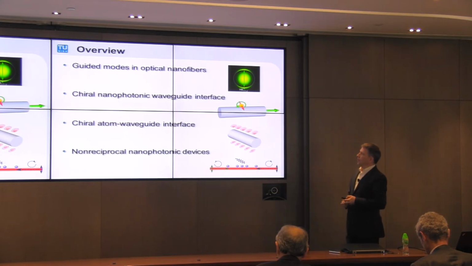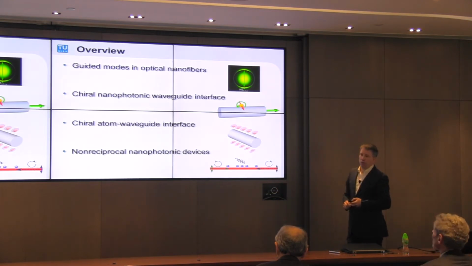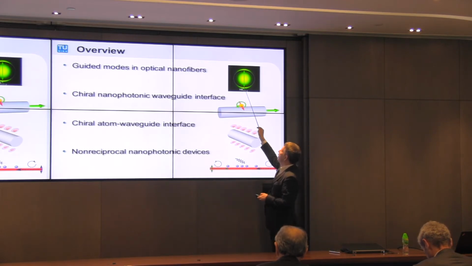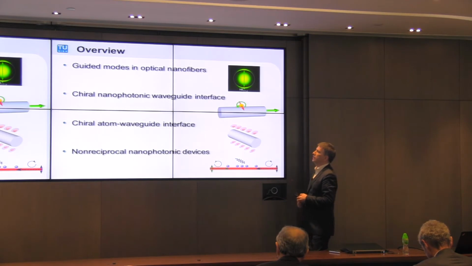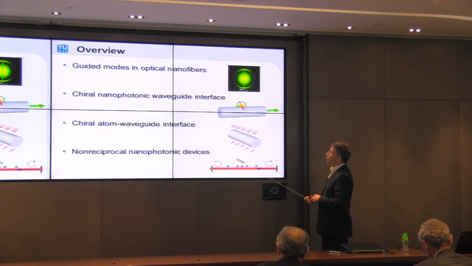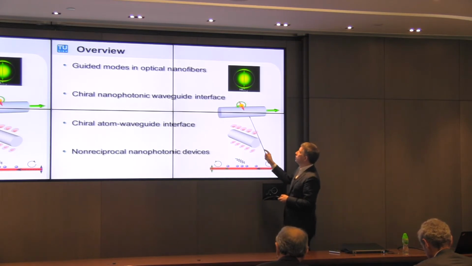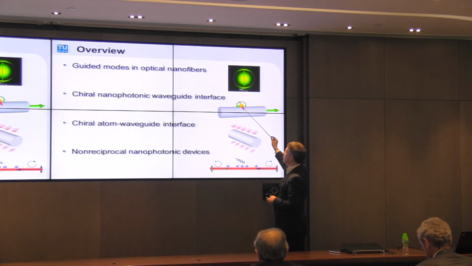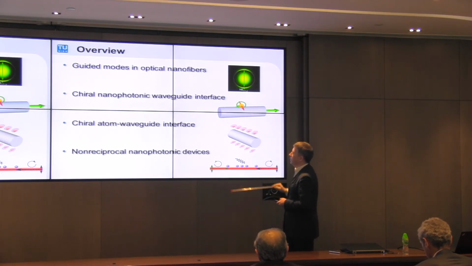I will first present our experimental platform, which are optical nanofibers. Optical nanofibers are cylindrical dielectric waveguides with a diameter smaller than the wavelength of the guided light. And I will then show you that by coupling emitters to such nanofibers, to the evanescent field surrounding nanofibers, you can realize a direction-dependent coupling and emission into the waveguide, both with classical emitters, so these are plasmonic particles, gold nanoparticles, and with laser-cooled atoms.